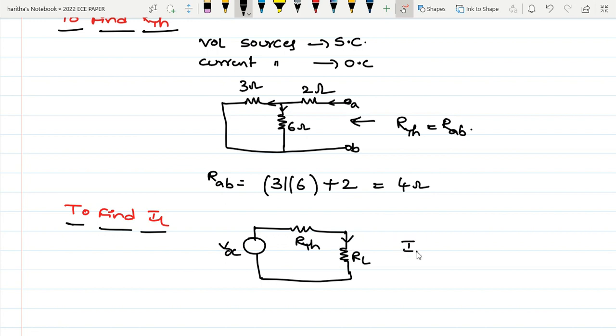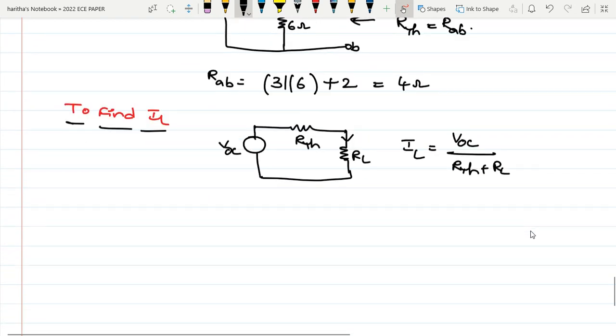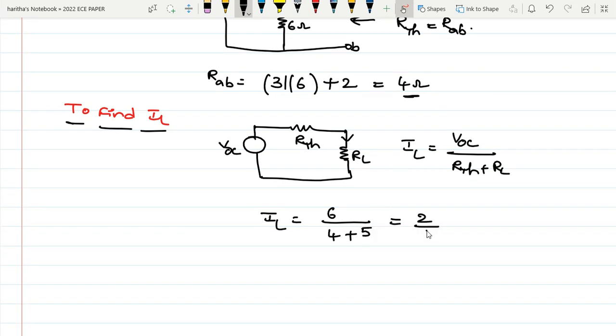Then the current passing through it is IL equal to VOC by R Thevenin plus RL. So now we have all the values. VOC, how much did we get? 6 volts. IL is equal to 6 by R Thevenin, which we got as 4 ohm, plus the load resistor value 5. So 6 by 9 becomes 2 by 3, which is 0.66 amperes.